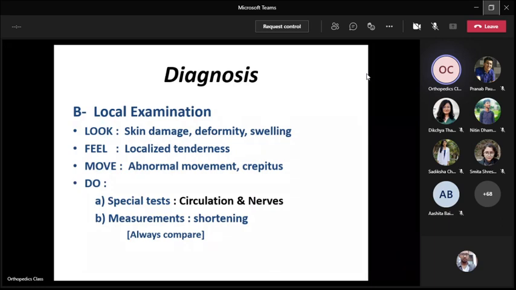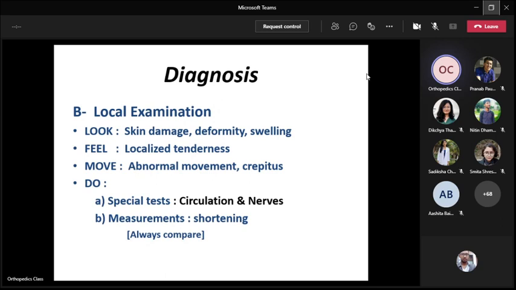How the soft tissue conditions are, any swelling, what is the size, shape, and all the details are examined in feeling. But in traumatic conditions, the tenderness, that is a pain which is elicited by touching the bone, is a definitive sign of a fracture.